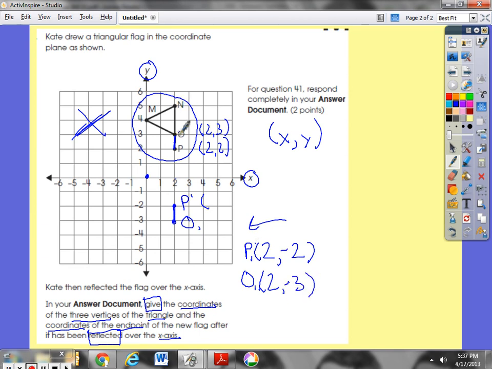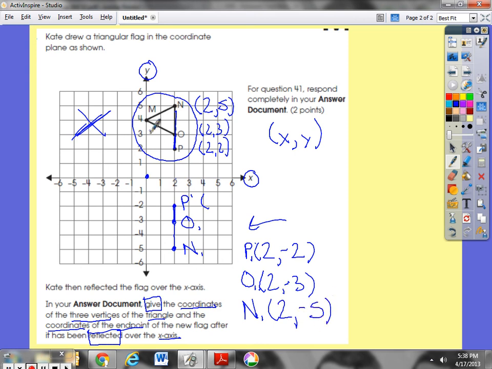I go to the N, which is further away from the x-axis, so I'll go down. N up here was at 2, 5. When we reflect over the x-axis, it is the y value that becomes the opposite. The x value stays the same, so the x is still 2 for the image, and instead of being +5, it is now -5.